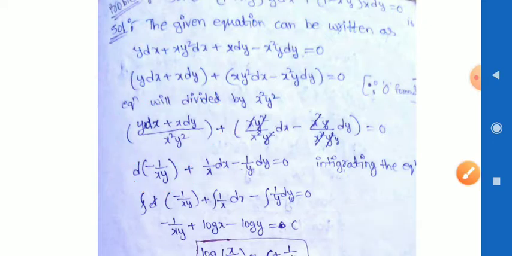Therefore d of minus 1 by x plus, by cancelling, 1 by x dx minus 1 by y dy is equal to 0.